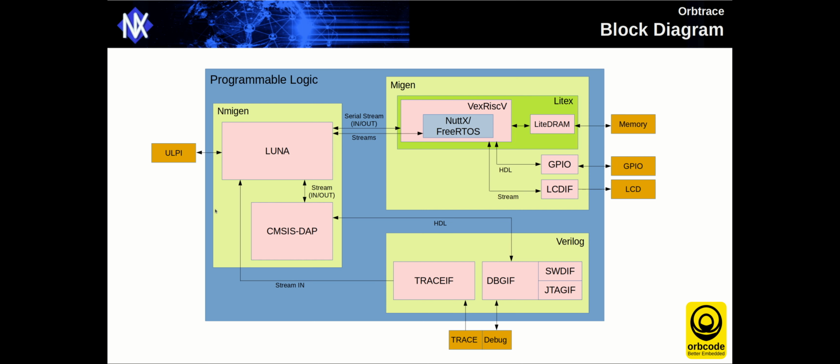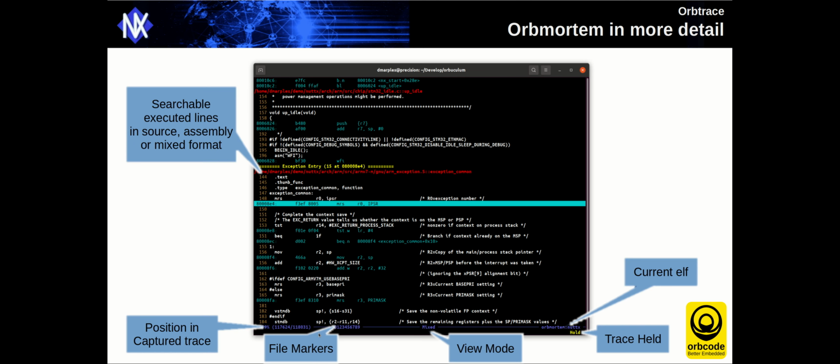So in terms of the first use of this hardware, we're using it for a part of the Orbcule suite, which we call Orbmortem. Orbmortem is, as its name implies, all about post-mortem analysis of your program when it's died.